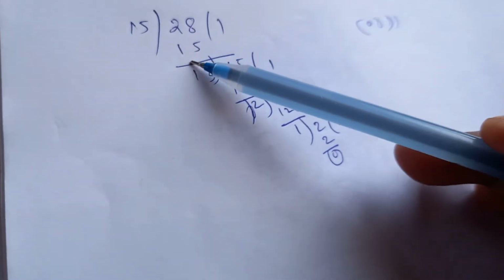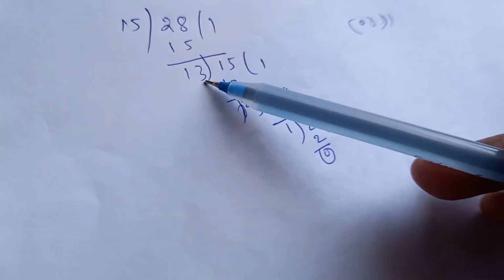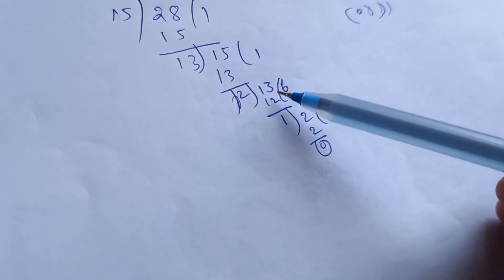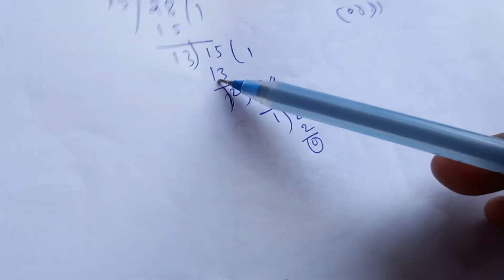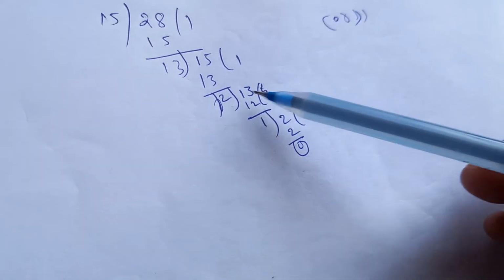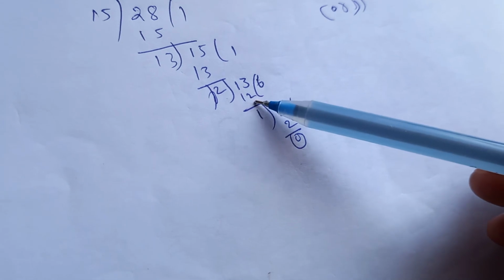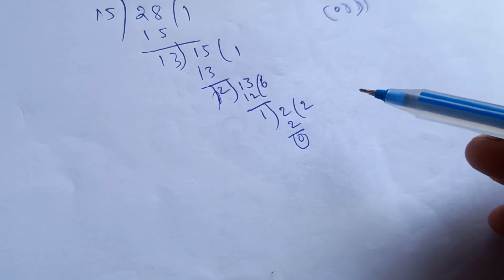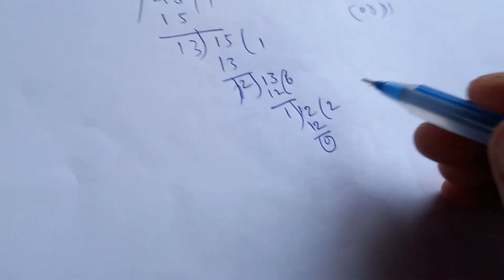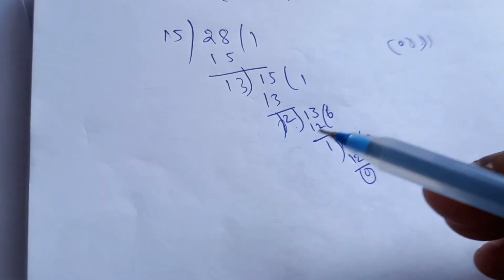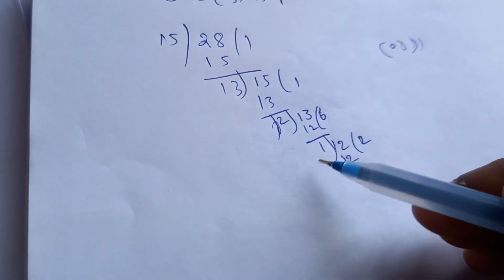So next, the division is 13, and again we have the remainder 2. Again take the dividend 13 and perform the division. So 6 2s are 12, next we got the remainder 1.